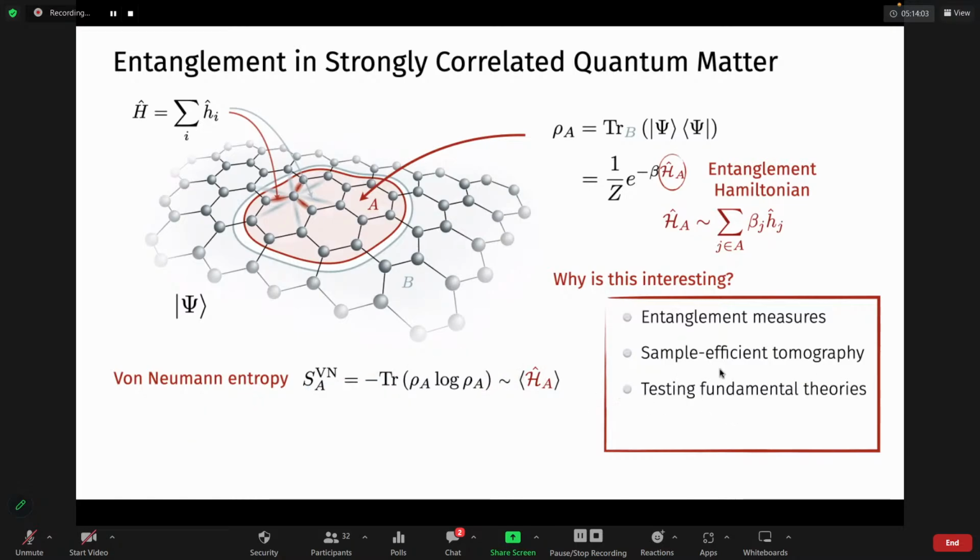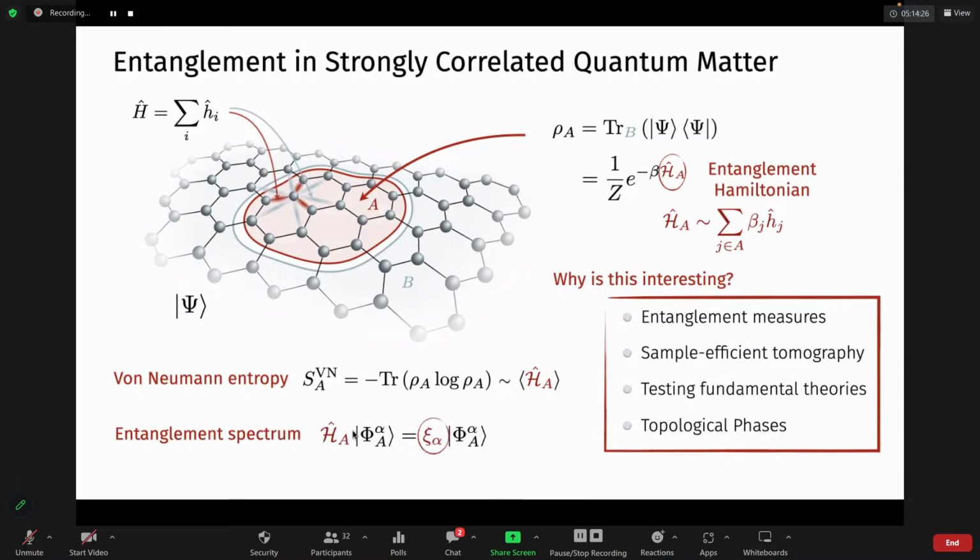The third point is that you can test fundamental theories. I will talk about that. It turns out that there are predictions from conformal field theory and relativistic quantum field theory about the structure of this entanglement Hamiltonian. And if you have ways of measuring it, you can check if these theories apply in your quantum simulation experiment.